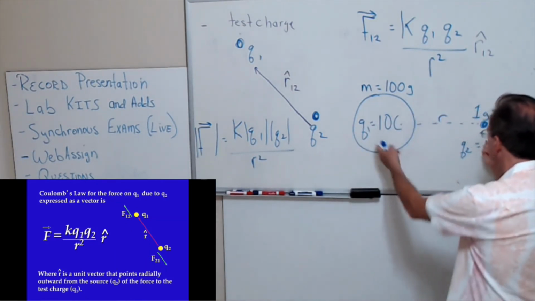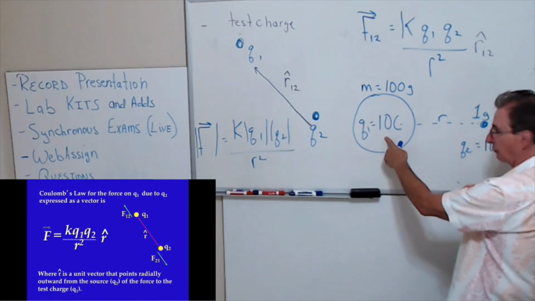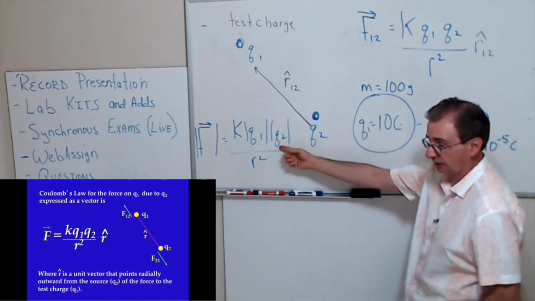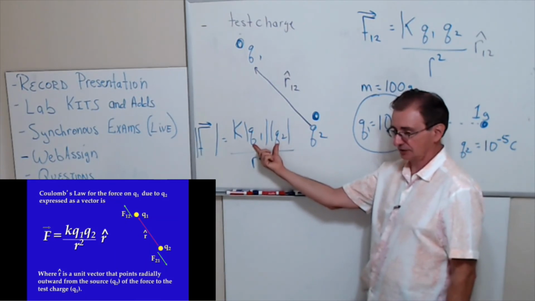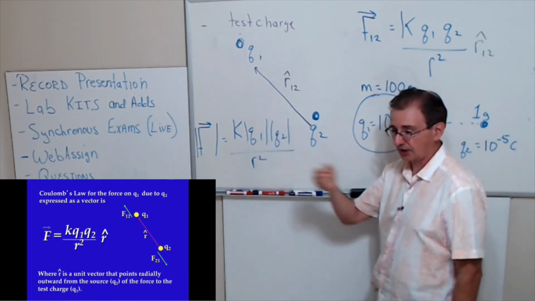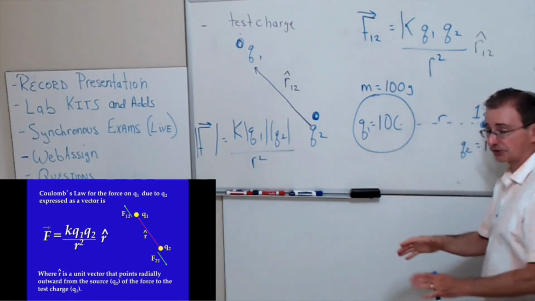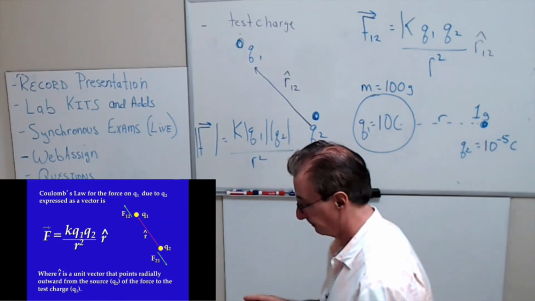However I do it, whether I switch the charges or just ask for the force on this one or that one, it's the same equation. I use the same equation both ways. The only thing in here is the product of the 2 charges, so the force will be the same. That's Newton's third law when the objects are close to each other. But when the objects are far away, it doesn't work.